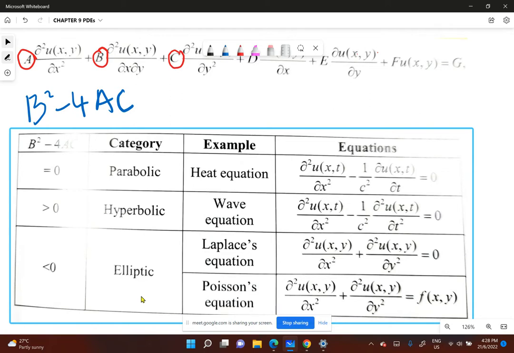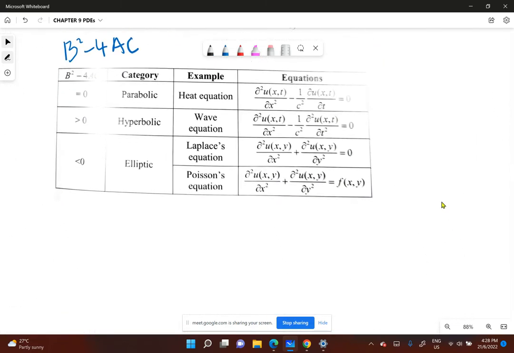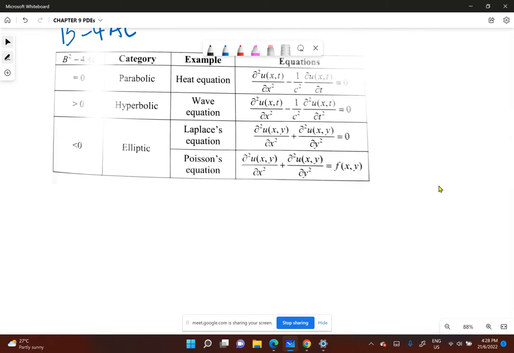Wait, I find my note first. Where? Not here. So never mind. Let's see this one. I give any.